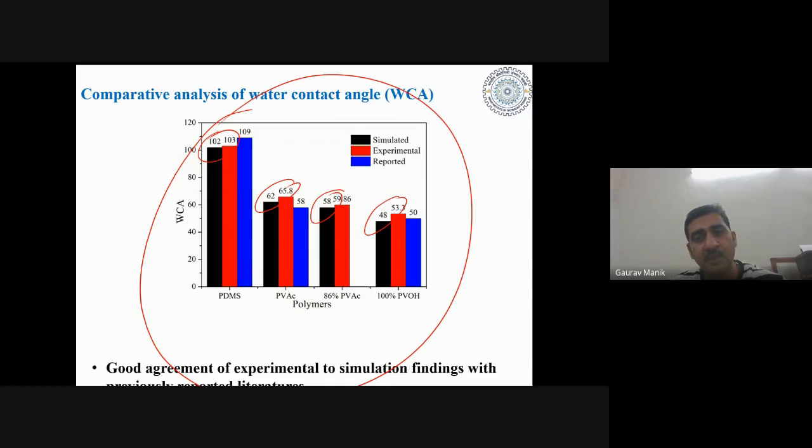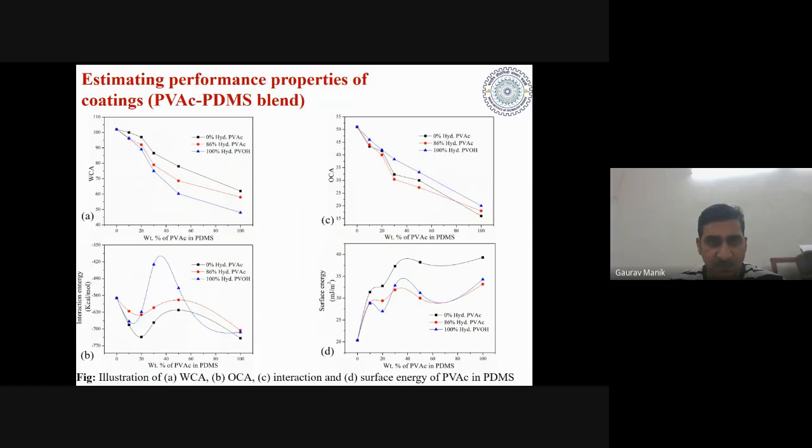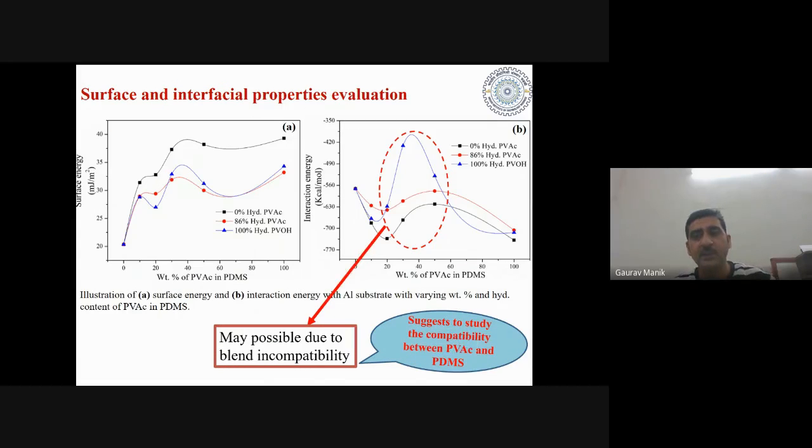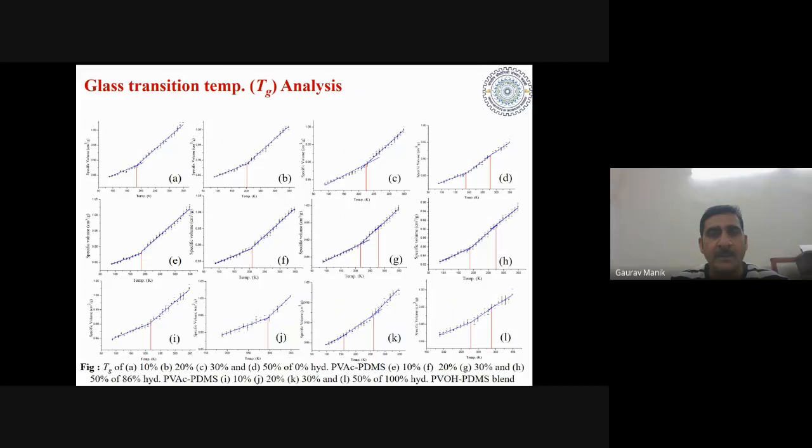And if you can't do experiments, then you can definitely predict what will happen, because your force fields are now very accurately defined. These are some other properties as a function of weight percent of one of the polymers in the base matrix. So you can screen and optimize your coating formulations.